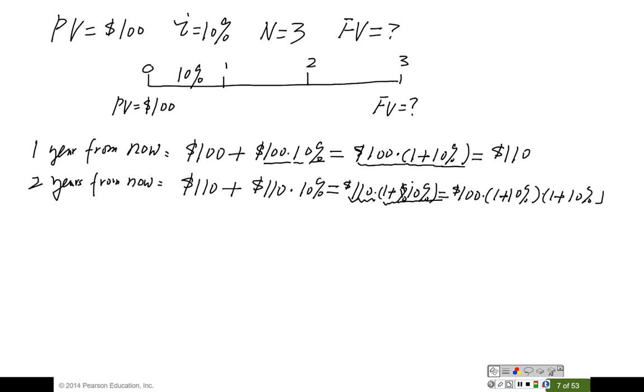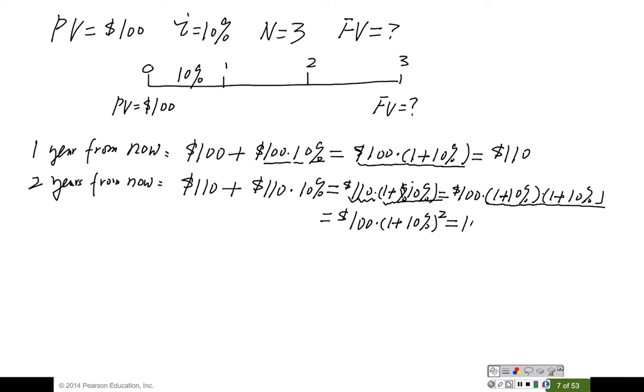If you are familiar with mathematical equations, you know this equals 100 times 1 plus 10%, because these two terms are the same, so it means raised to the power 2.